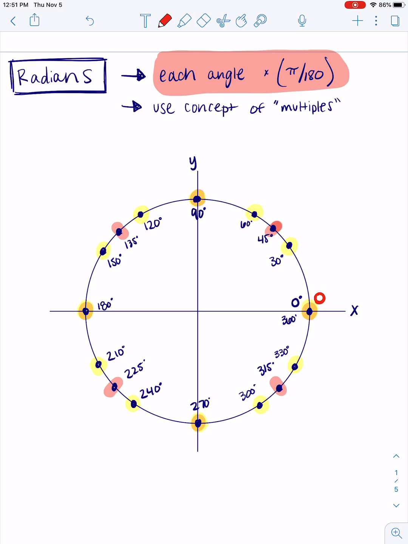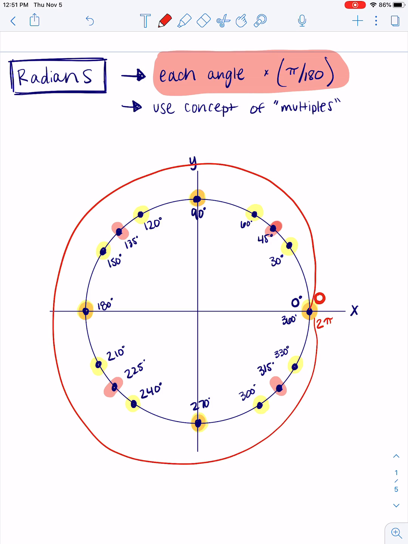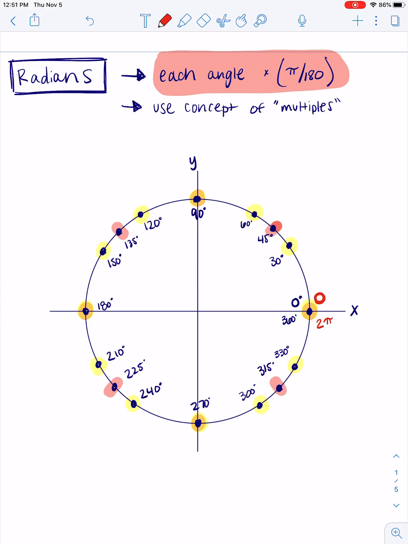And if you think about going around the circle, the distance around the circle is the circumference. The circumference of a circle is 2 pi. So we start at 0, and just like before, if we go all the way around the full circle, we're going to end at 2 pi.